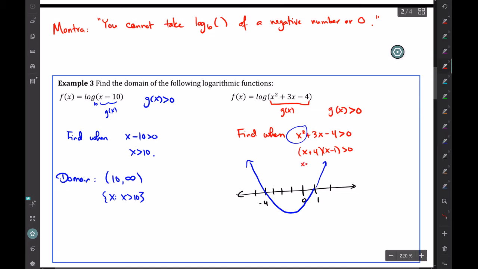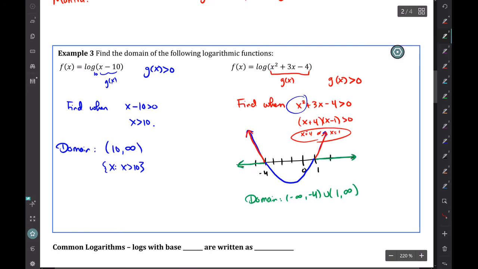So for this to equal 0, you would have x equals -4 or x equals 1, the zeros of x squared plus 3x minus 4. And so that tells us that this is going to be greater than 0 over here and over there. Okay, so that tells us that our domain is all real numbers to the left of -4, so -infinity to -4, union 1 to infinity, because that's where x squared plus 3x minus 4 is strictly greater than 0.